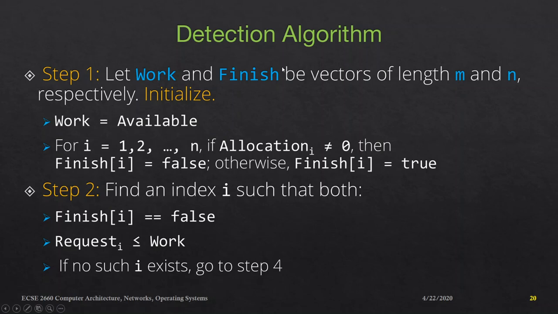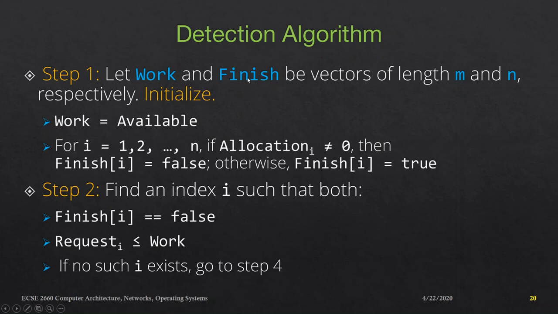This algorithm falls under the category of the banker's algorithm, but here we are only using it to check for safety, to see if we are going to have a deadlock or no deadlock. We can do other things with that algorithm, but we are only checking for safety. So step 1 is we are going to define vectors work and finish.